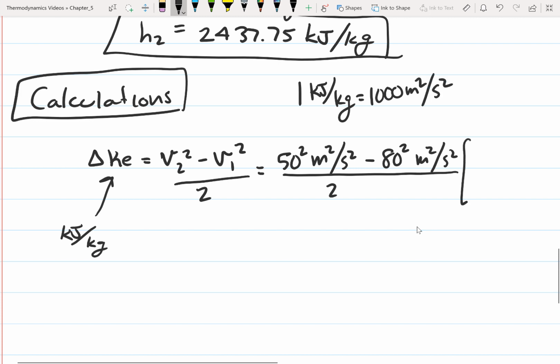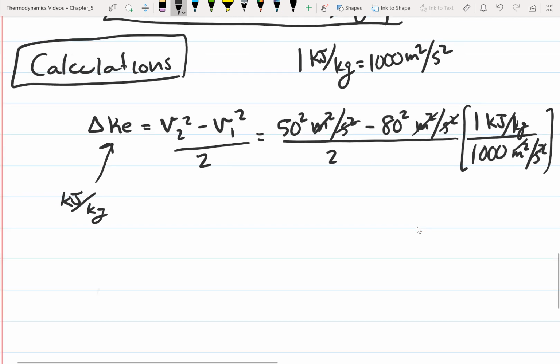So we're going to put this conversion in so we can get the kilojoules per kilogram. So we have 1 kilojoule per kilogram over 1,000 meters squared seconds squared. The meter squared second squared cancels and we're left with kilojoules per kilogram, which are the units we want.